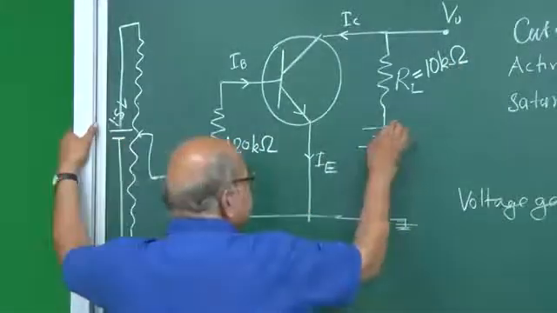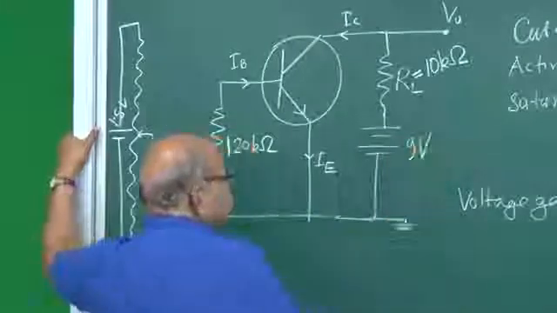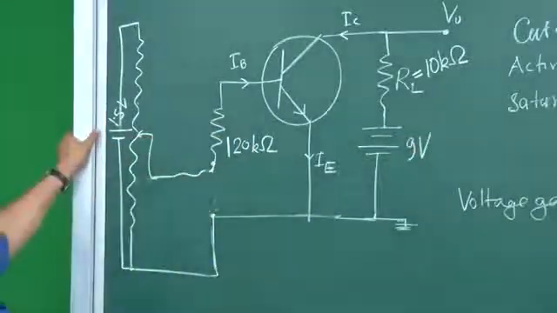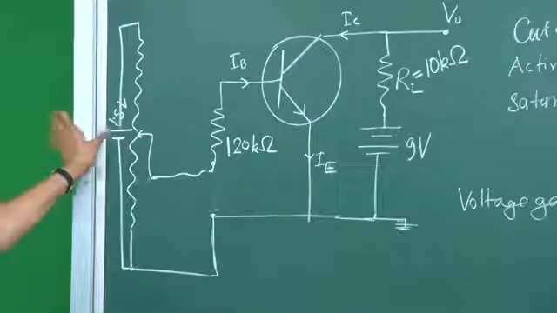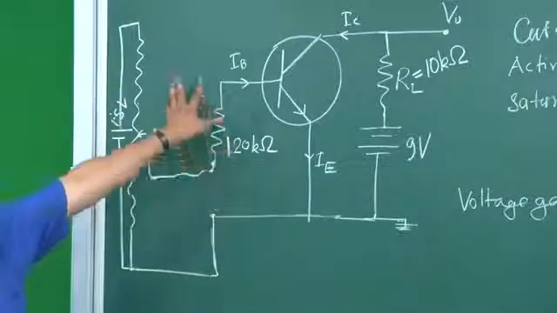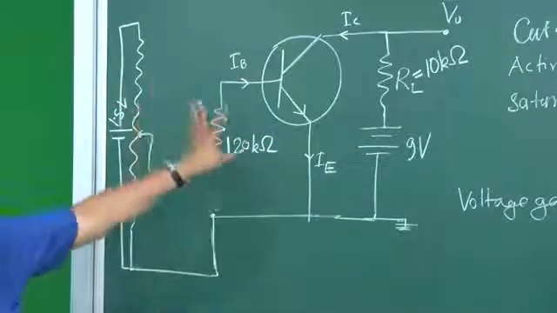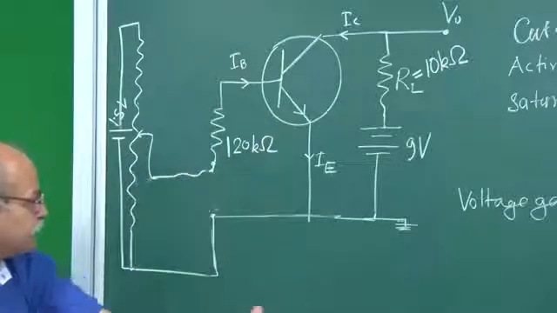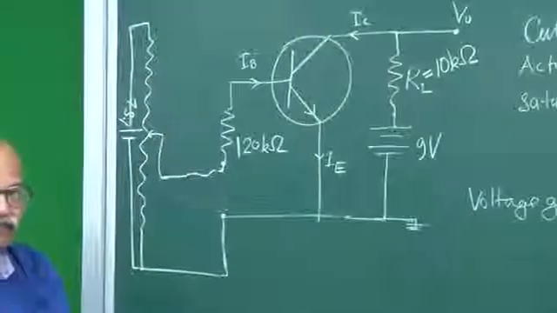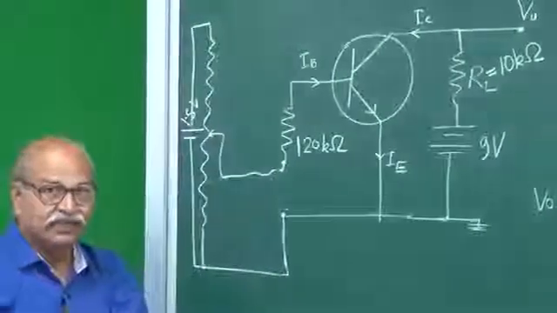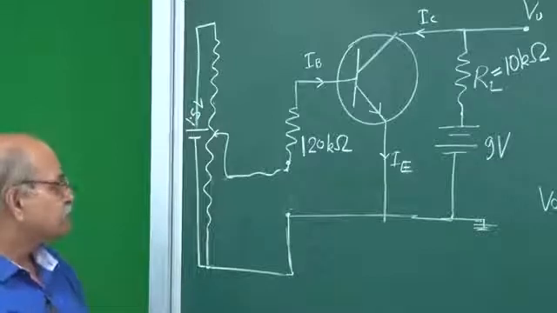This we will take as a 9 volt battery, which may not be exactly 9 volt, it may be 8.9 or 9.2 or something, but it is what is called a 9 volt battery, so we will be using that here. So these are the values. Keep this circuit in mind, see how it is being assembled here, and follow each step closely to see how things are connected, and then we will make measurements.